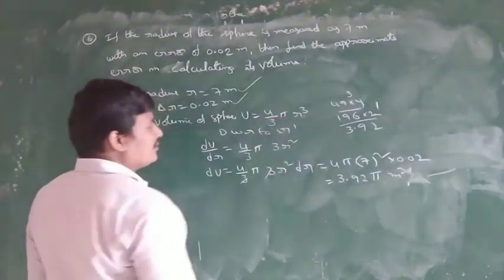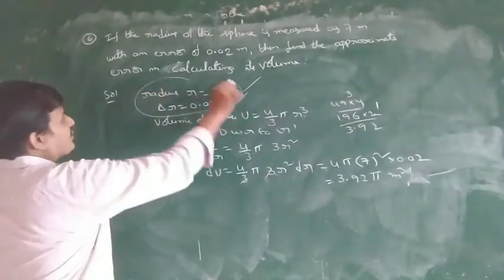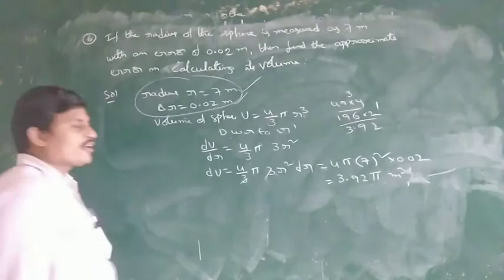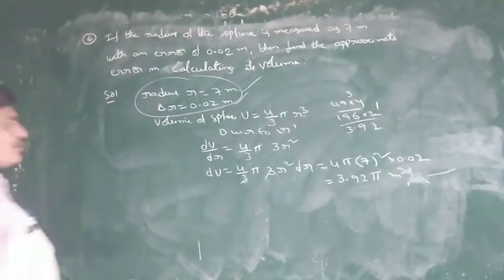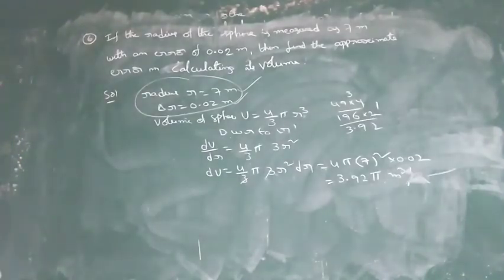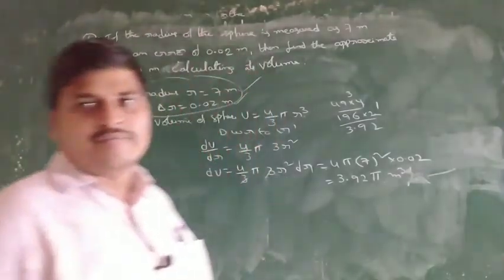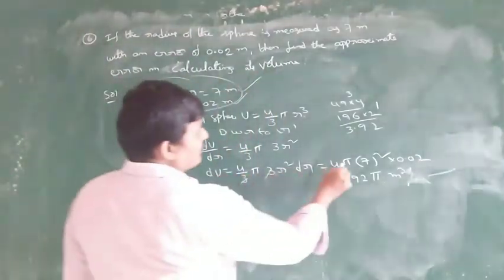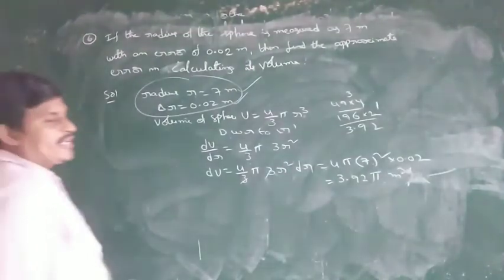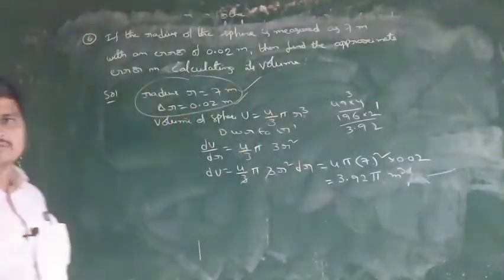The derivative is with respect to r, because the data is given in terms of r. 4 by 3 pi is constant, r cubed derivative is 3r squared. Volume error means delta V or dV, because delta V is approximately equal to dV. Volume is measured in meter cubed, centimeter cubed, kilometer cubed.